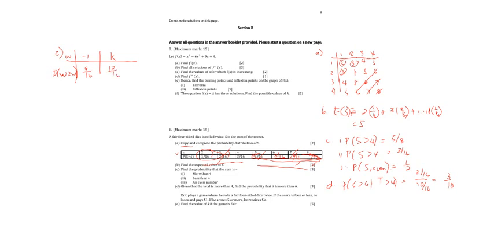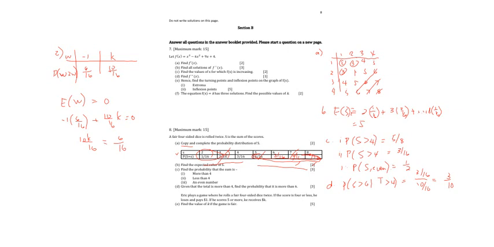The fair game is when the expected value of winning is equal to 0. So we can have -1 times 6/16 plus 10/16 k equals 0. So 10k/16 equals 6/16.